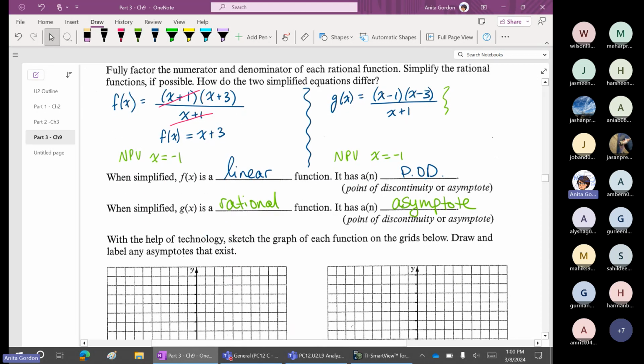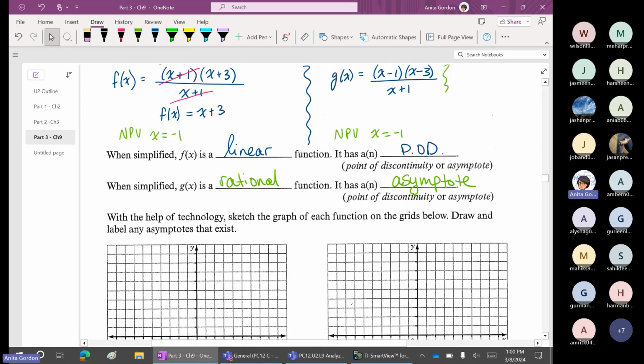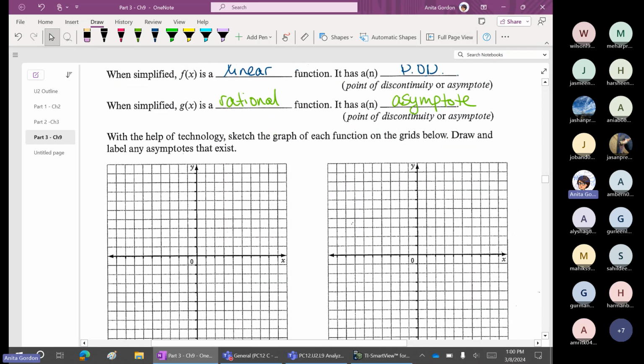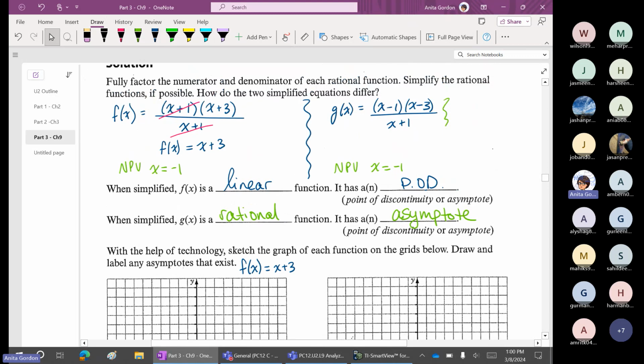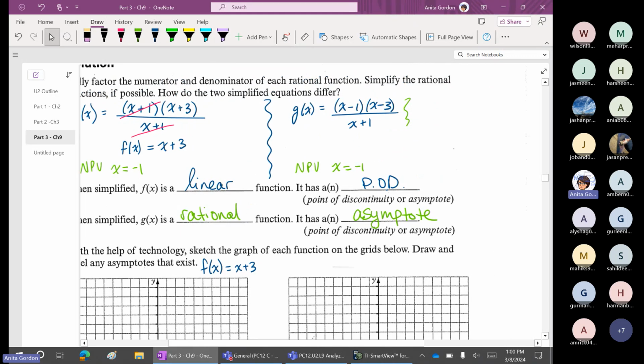Let's look at this. Both of them look very similar, but the graph is going to be very different. For f of x, we have x plus 3, so we know we have an intercept of 3. And we have a hole where x is -1. So let's quickly find the y value here.